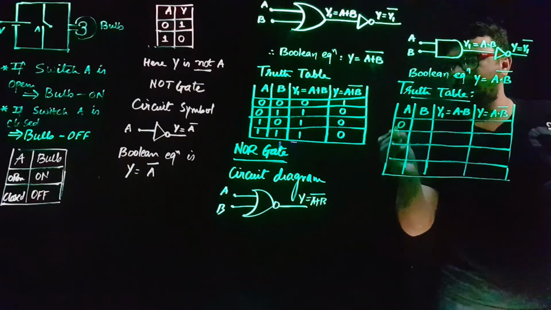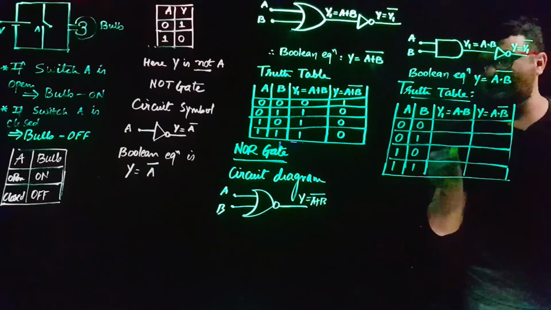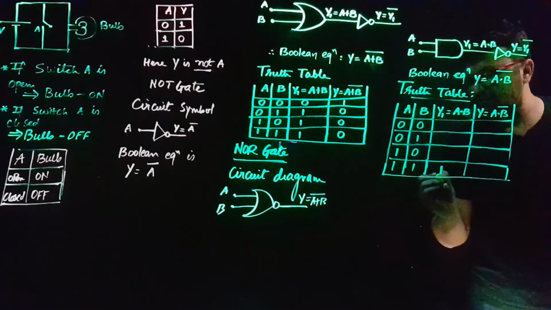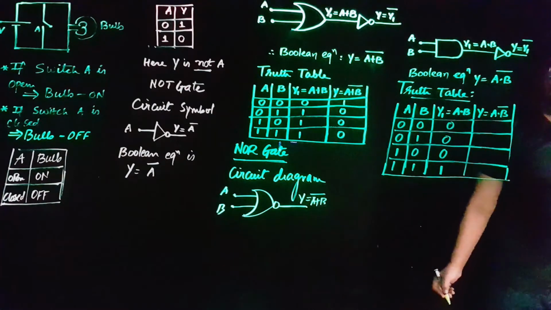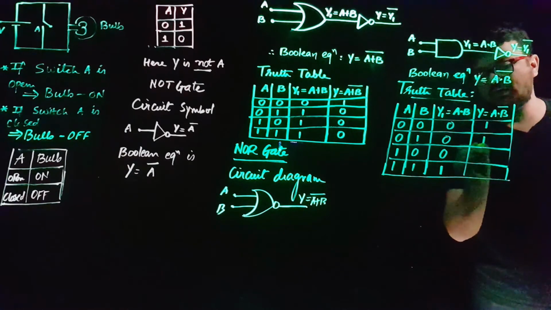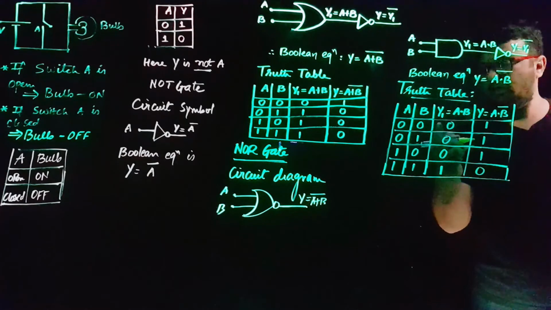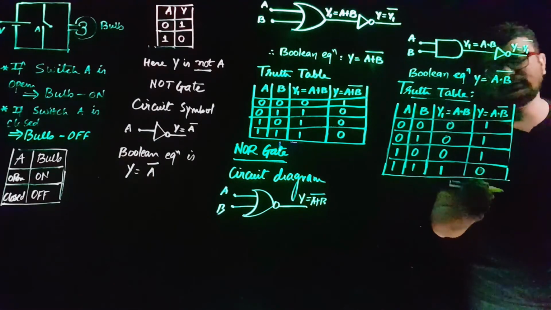So here we'll have input 0 0 1 1, 0 1 0 1. Now what is the output of the AND gate? If both are 1, then only the output will be 1, otherwise it will be 0. So the output will be 0 0 0 1. Now bar of that, inverse of that, will be 1 1 1 0. Inverse of 0 is 1, again 0 is 1, again 0 is 1, then 1 is 0.